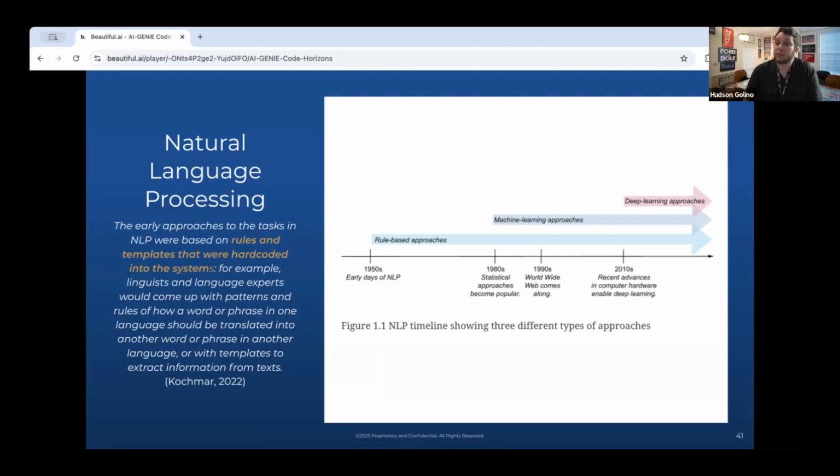In the 80s, we're moving 30 years ahead. Statistical learning was basically created or developed, and the field of machine learning emerged very strongly.